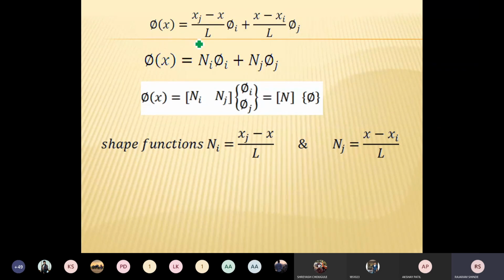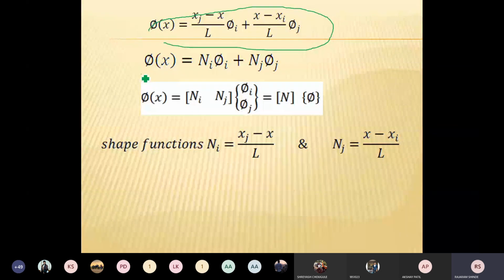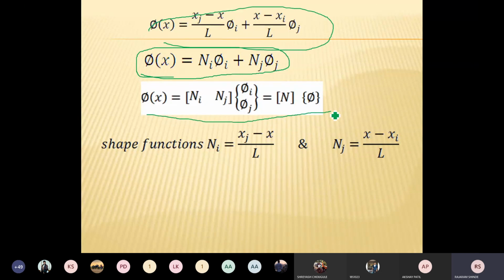This is your interpolation polynomial, and phi of x is equal to Ni phi i plus Nj phi j. Now what are Ni and Nj? These are the shape functions, and your interpolation polynomial is written in this form, that is N into phi, already you have seen it. Shape functions Ni equal to xj minus x upon L, Nj equal to x minus xi upon L.